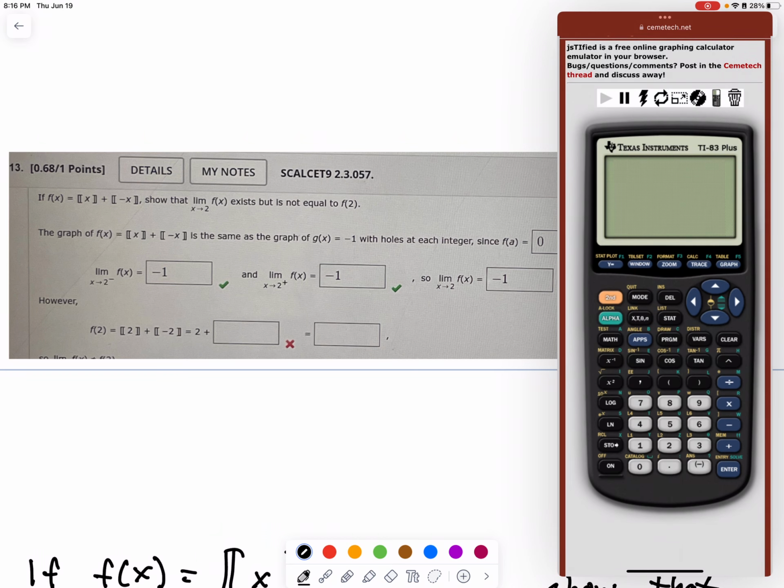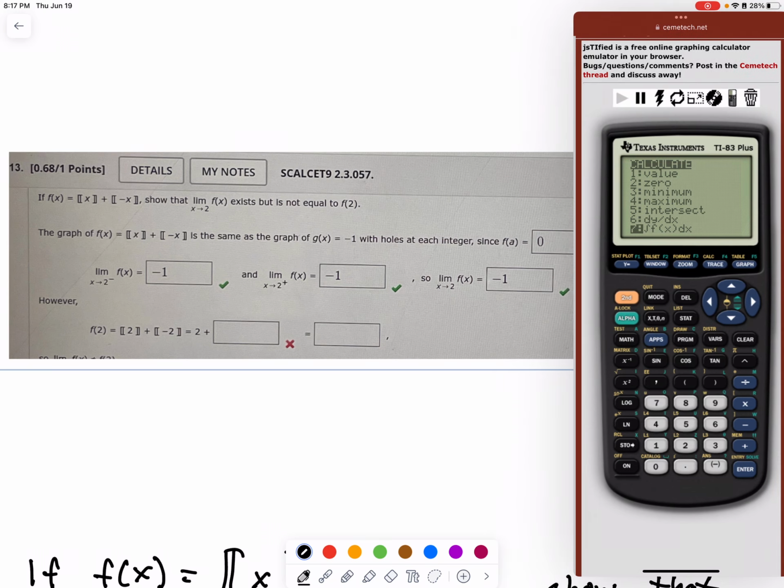Ceiling and floor. I'm not 100% sure where that is. I'd have to research it a little bit. So that's why I felt like doing that one by hand might be a little bit easier once you get the concept. So I'll save that for another time.